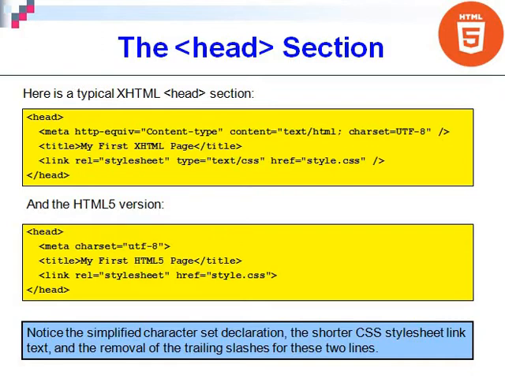Another important tag that is needed in an HTML document is the head tag. In XHTML, a huge structure is needed to specify the head. But in HTML5, we need minimal data to be specified for the head. We have a meta tag which is used to specify the type of character set used. Then the title tag can also be enclosed in the head tag, and it is used to mention the title of the page.